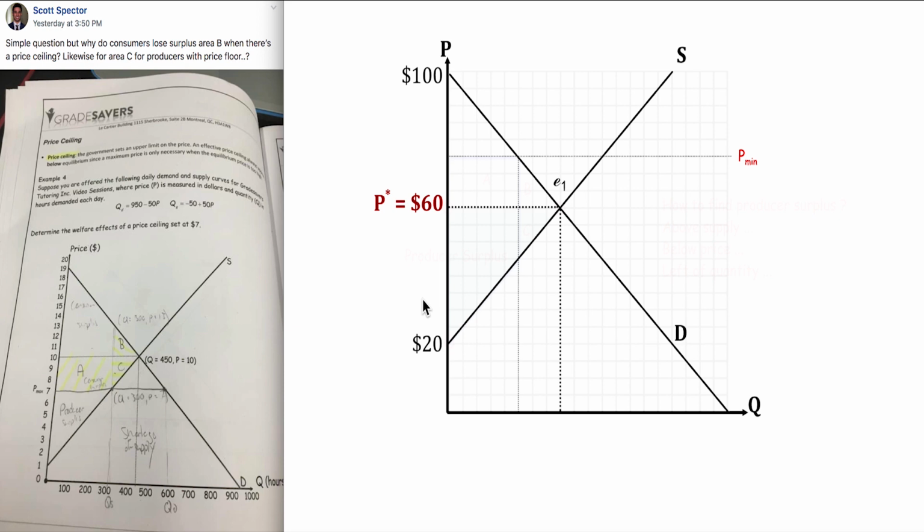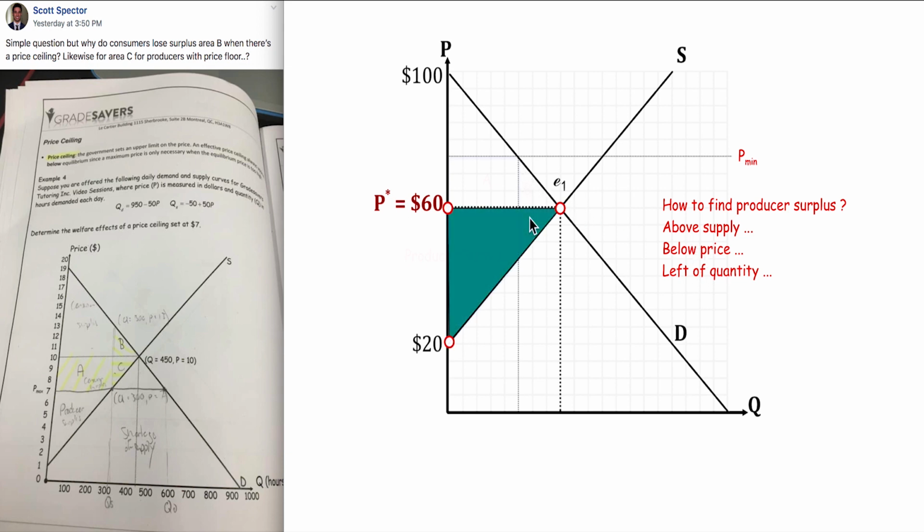The way that we identify the area that represents producer surplus is simply by following this GPS. The idea is to stay above the supply curve, below the market price, and again on the left of quantity. So prior to the price control, the producer surplus was this triangle, as it was the triangle that is bounded by the market price, the quantity, and our supply curve.